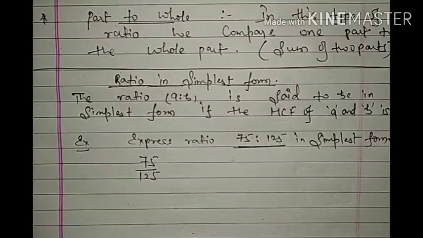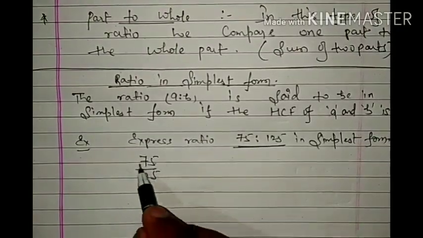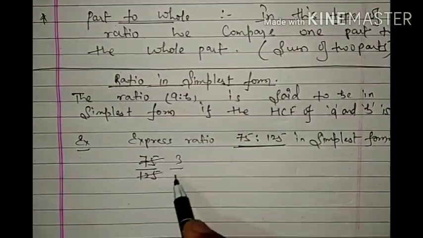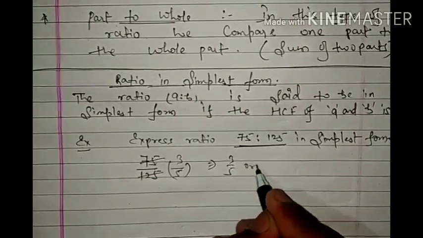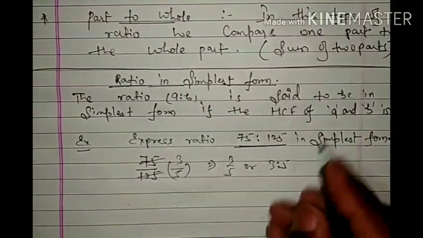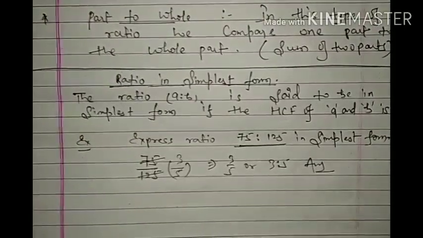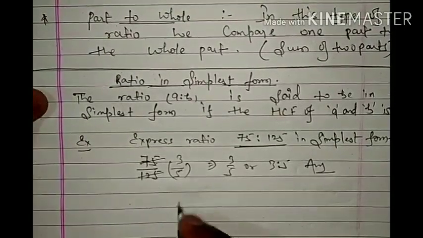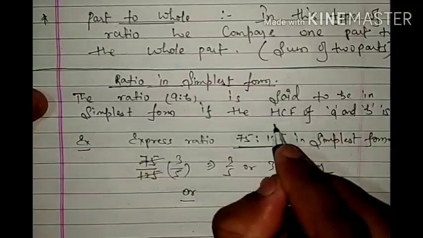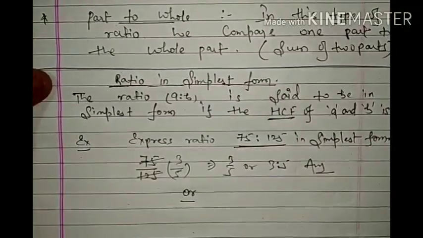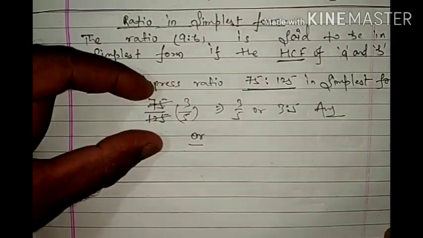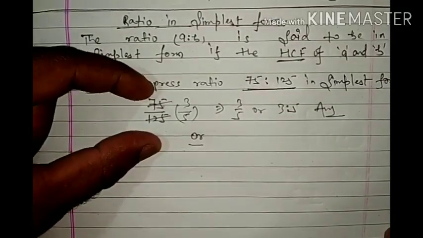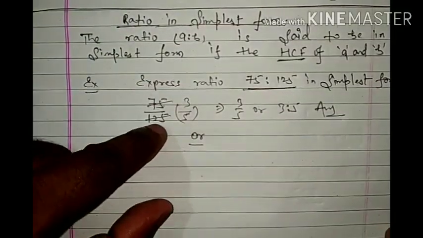We can think by which number this will cancel. 25 3s are 75, 25 5s are 125, 3 by 5 and 3 ratio 5 is our answer. We all can do this, but there is another way by finding the HCF, and that will be a very easy method for long numbers. This was a short number, so we can easily conclude that 75 and 125 can be divided by 25.